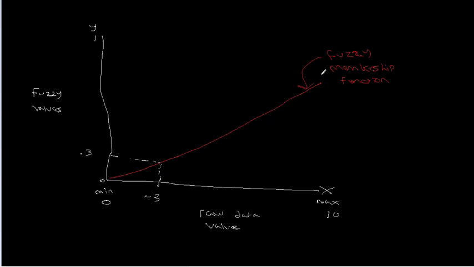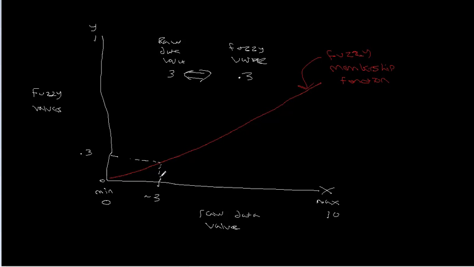So with this fuzzy membership function, we have a raw data value of 3 being mapped onto a fuzzy value of 0.3.